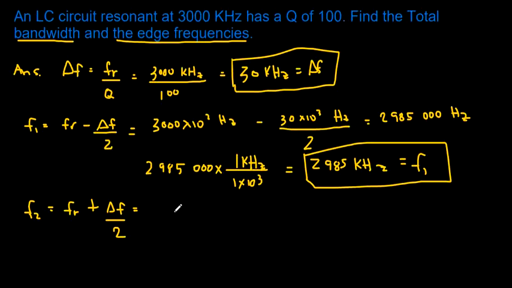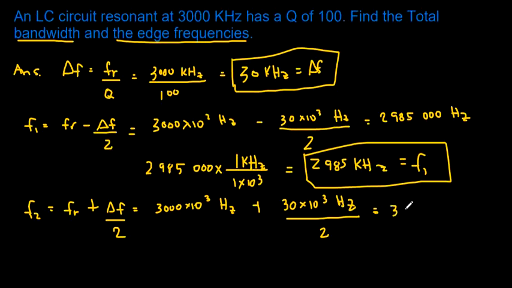Okay, so next, sa ating FR is 3,000 times 10 raised to 3 hertz, plus 30 times 10 raised to 3 hertz ulit, over 2.